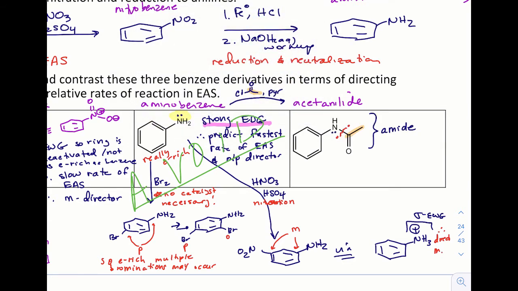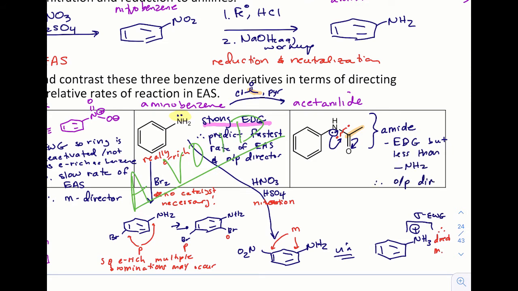We're protecting the nitrogen as an amide because now this lone pair that was causing so many problems for aminobenzene is delocalized in this pi system here. So it's less of a donating group to the ring. It is still an electron donating group, and the lone pair can still be donated to the ring, but much less so than the parent amino. So it is an ortho para director.